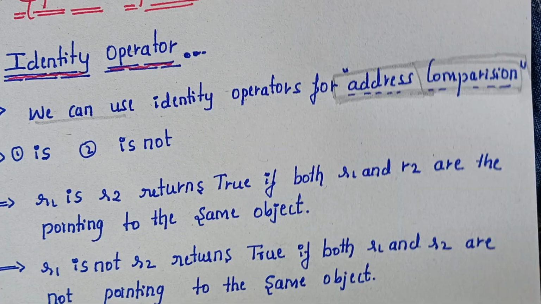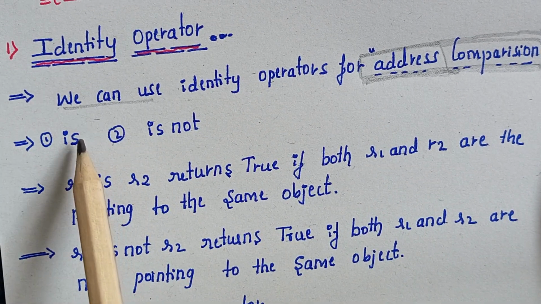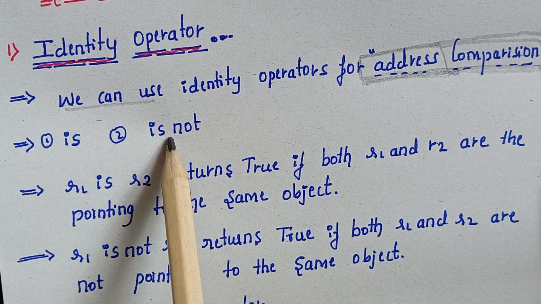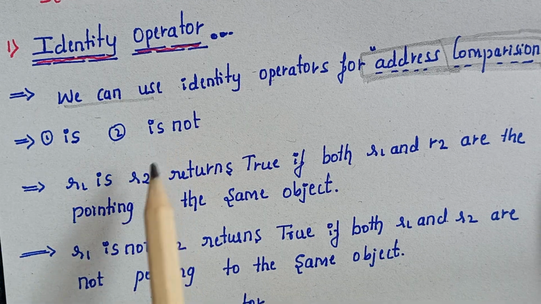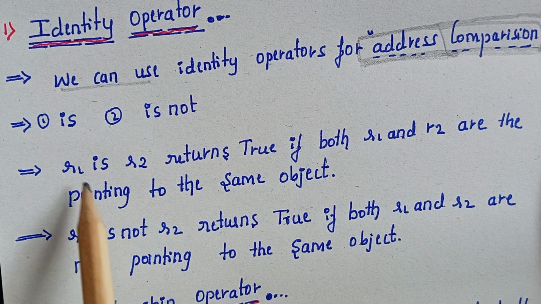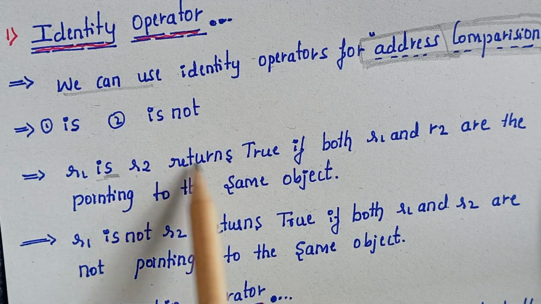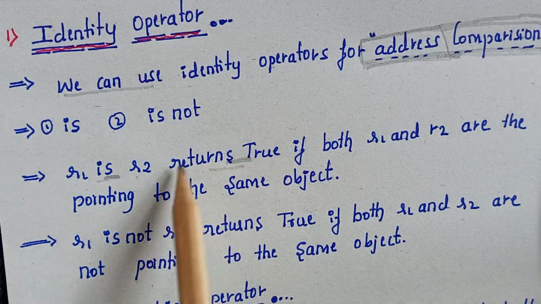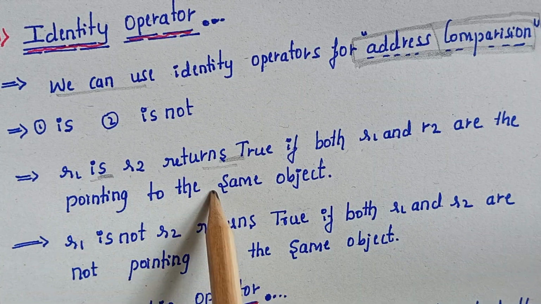In the identity operator, again there are two categories: one is "is" and the other is "is not". What is the meaning of "is" and "is not"? I will show with an example. Assume R1 is R2 returns true if both R1 and R2 are pointing to the same object.